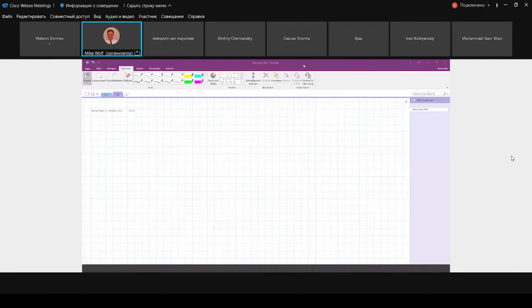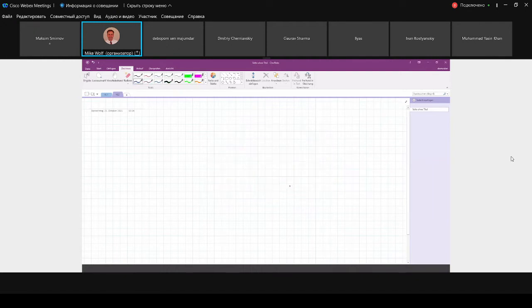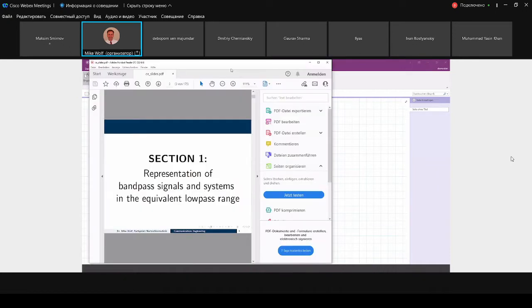So now we start. I use a longer name on the slides, but it's the same topic, of course. On the slides you can read: description and representation of bandpass signals and systems in the equivalent low-pass range.